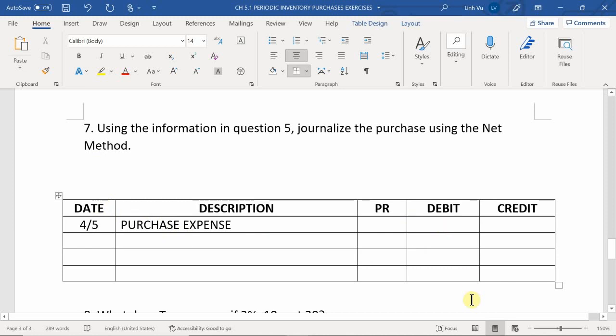So we take 5,000 and take the discount of 5% out of it immediately. That should leave us $4,750, right? Because the discount was $250.